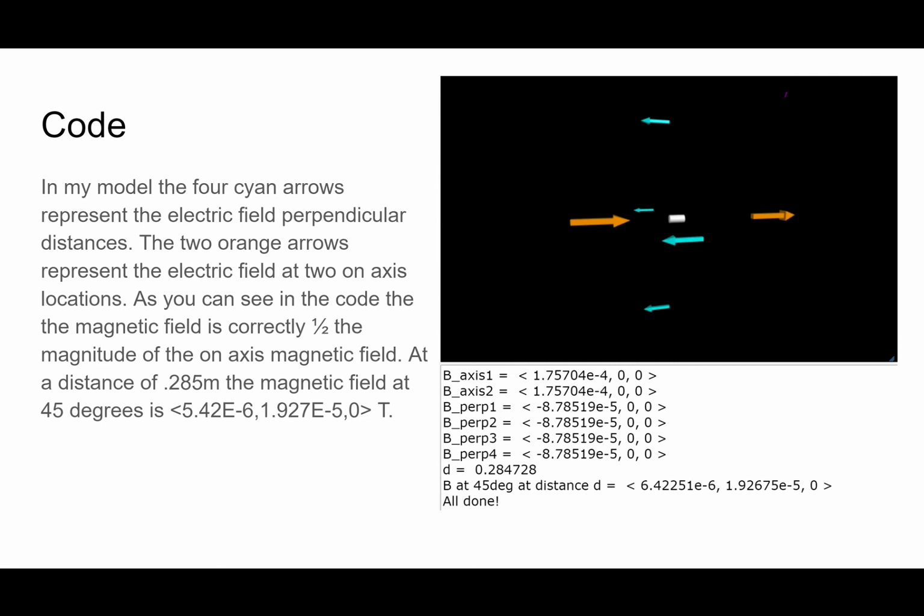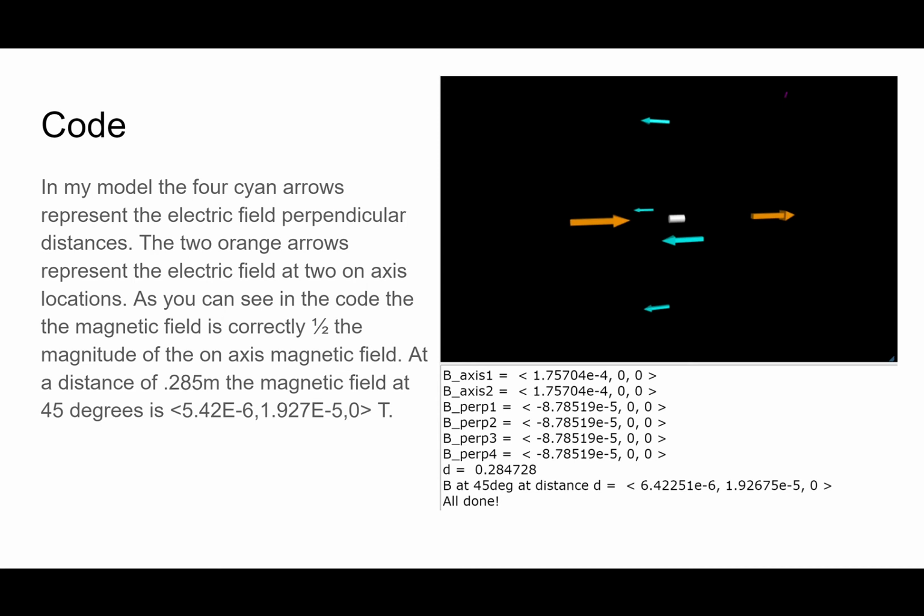And in my model, the 4 cyan arrows represent the magnetic field's perpendicular distance, and the 2 orange arrows represent the magnetic field at 2 on-axis locations. As you can see in the code, the magnetic field is correctly 1/2 the magnitude of the on-axis magnetic field.